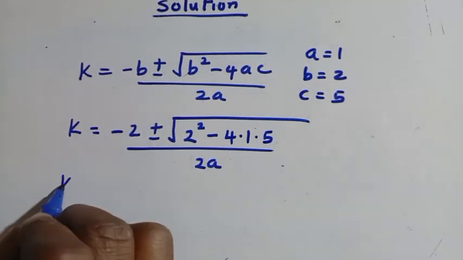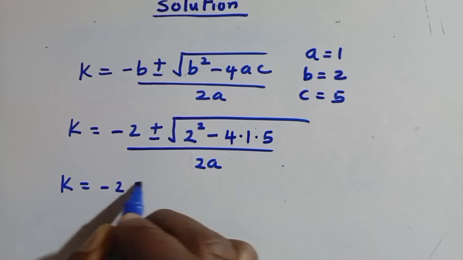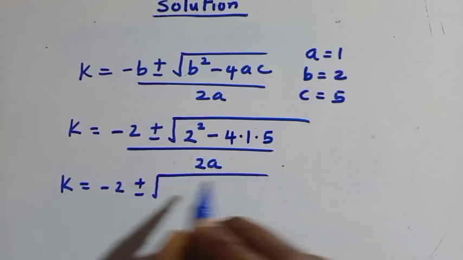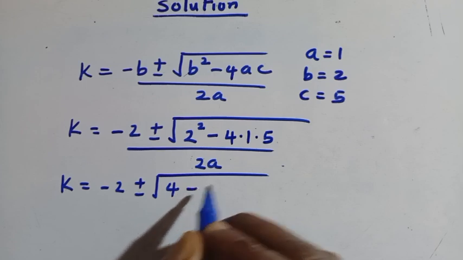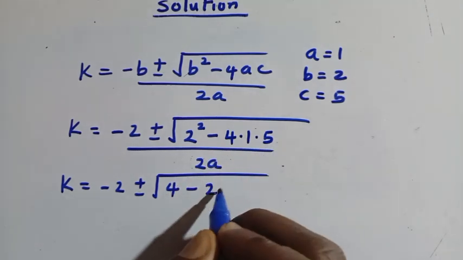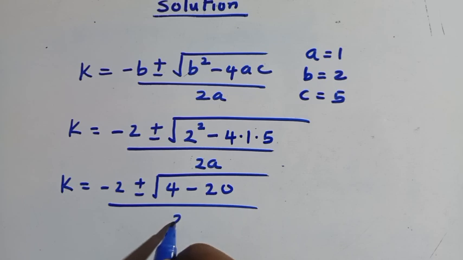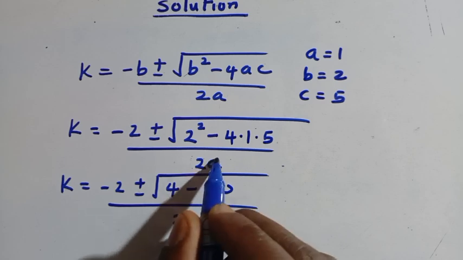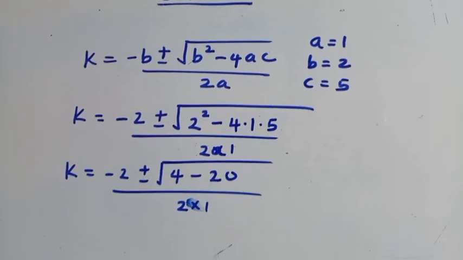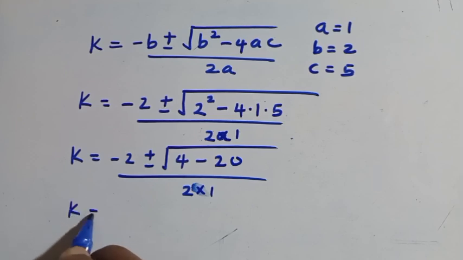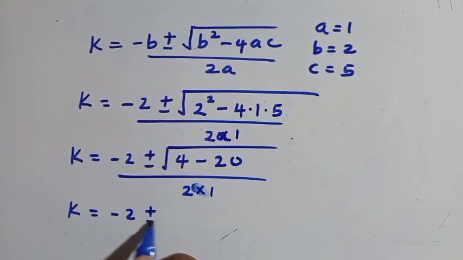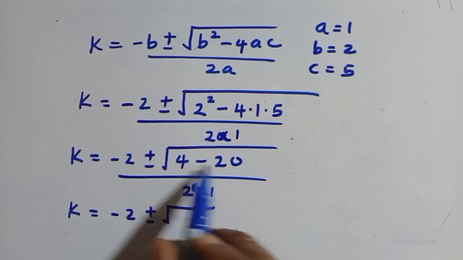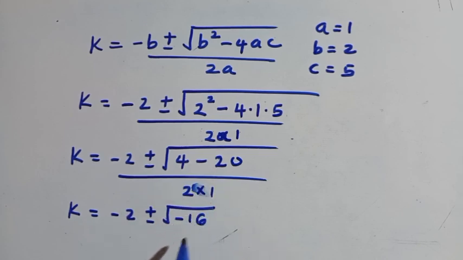So next we have k equals minus 2 plus or minus square root of 2 squared is 4, minus 4 times 1 times 5, that gives us 20, divided by 2 multiplied by 1, which is still 2. Then we have k equals minus 2 plus or minus square root of 4 minus 20, that is minus 16, divided by 2.